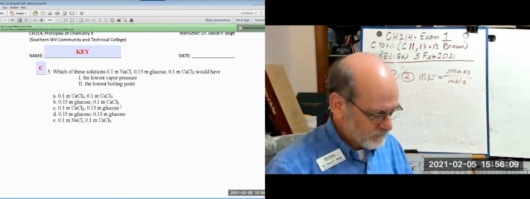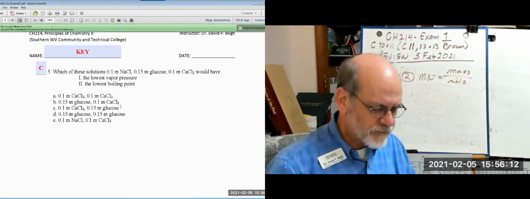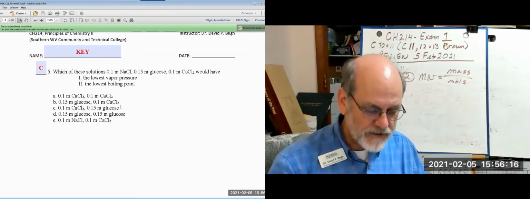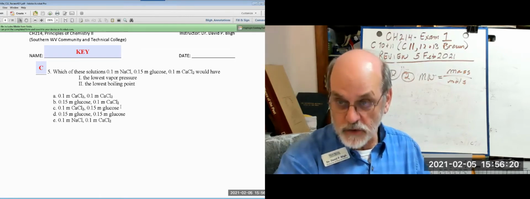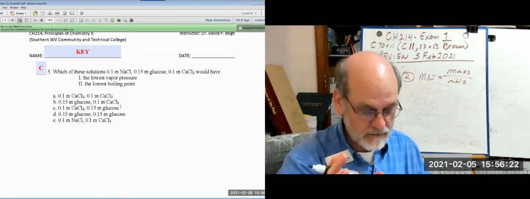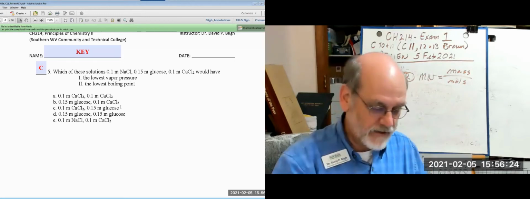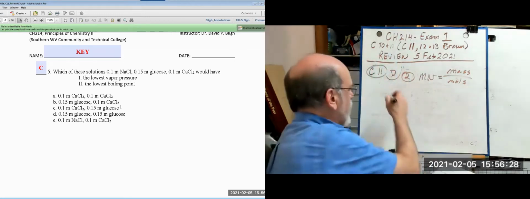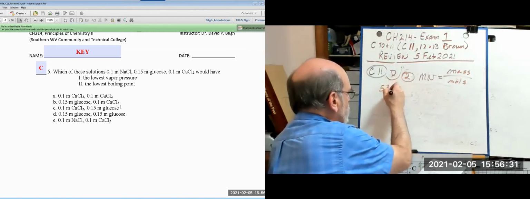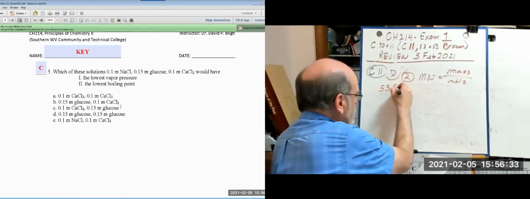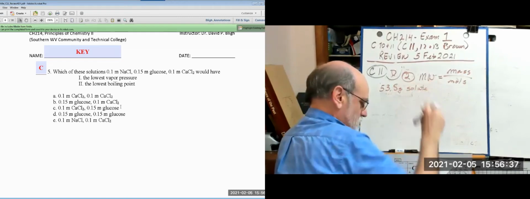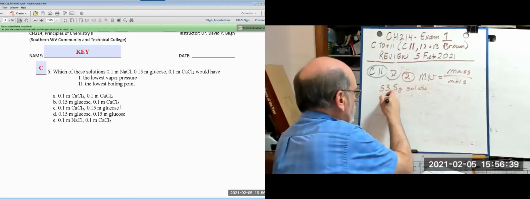So what are we given? A solution is prepared from 53.8 grams of a non-volatile, non-dissociating solute. That's the solute we're trying to determine the molar mass of, and 85 grams of water. So we've got 53.8 grams of the solute and 85 grams of water.